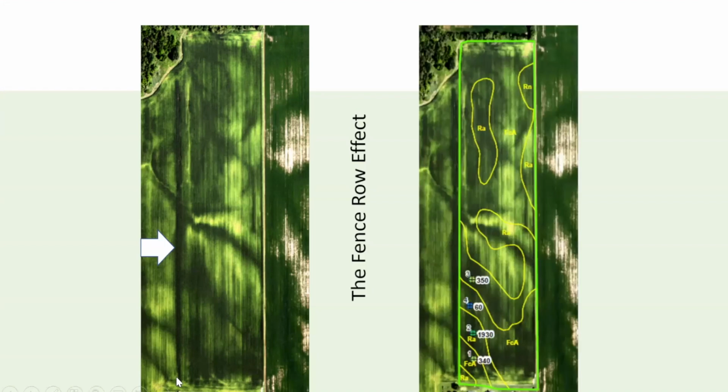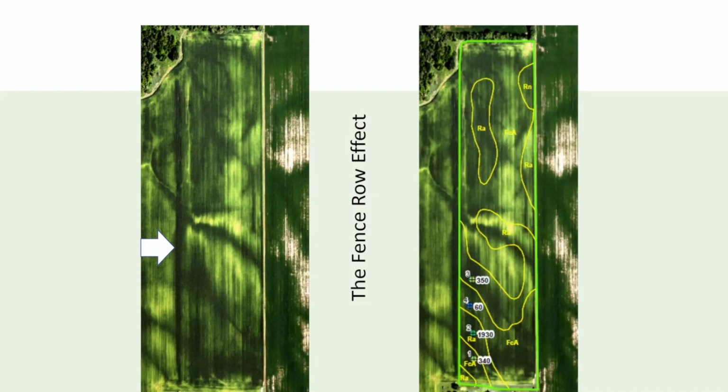What is that? Well, when you look at the field maps from some time back, it turns out this used to be a fence row. Fence rows tend to have perennial grasses and various different plants, not just grasses even, grasses, legumes, forbs, all diversely growing perennially around the year, right?